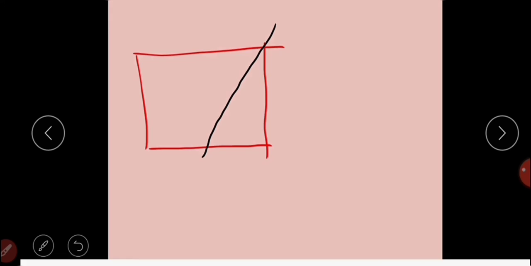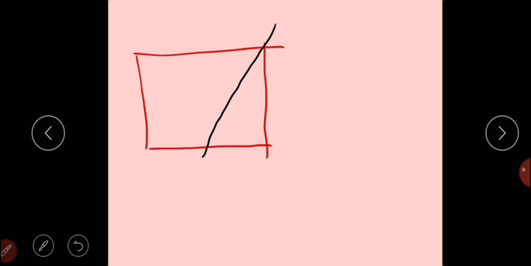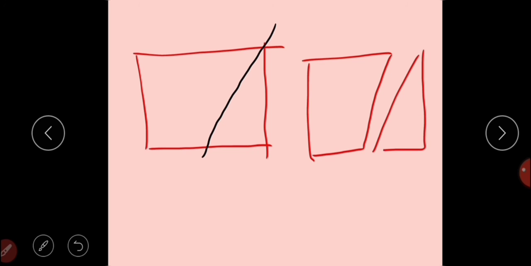So after cutting, what happened? We had a rectangle shape looking like this, and we had a right angle triangle like this.